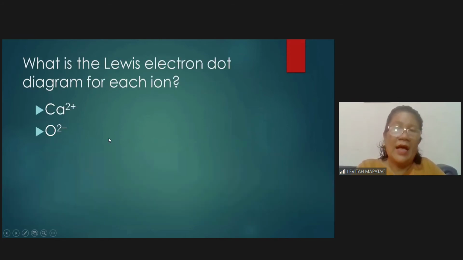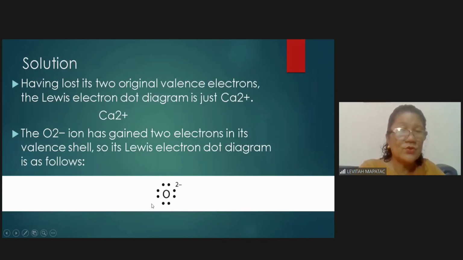So an example for this, you have calcium. Your calcium belongs to what group? Having lost two original valence electrons, your calcium will have a positive 2, calcium 2+.